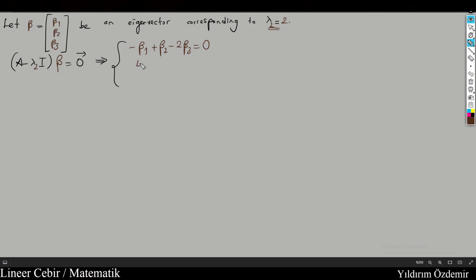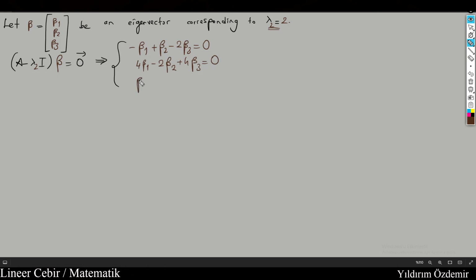And the second equation was 4 beta 1 minus 2 beta 2 plus 4 beta 3 is equal to 0.